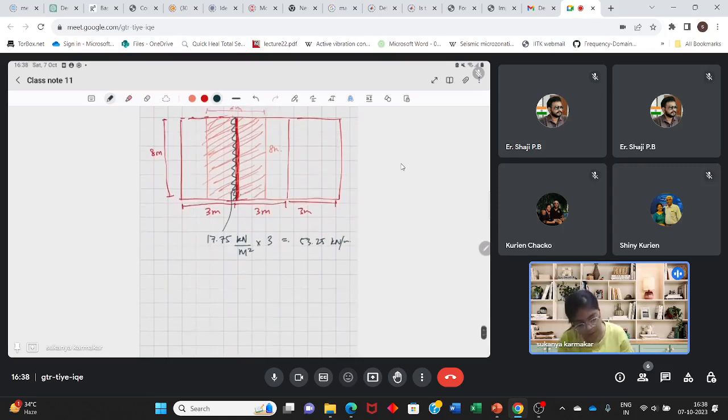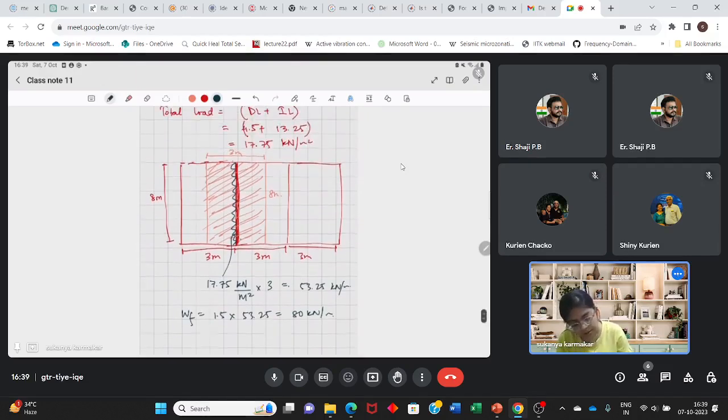Now, since you know the UDL, what will be the factored value of that load? It will be 1.5 into this 53.25, so that will be some 80 kilonewton per meter. And this 8 meter was the clear span. So the effective span, like I explained, will be 8 plus 0.1 from one side plus 0.1 from the other side.